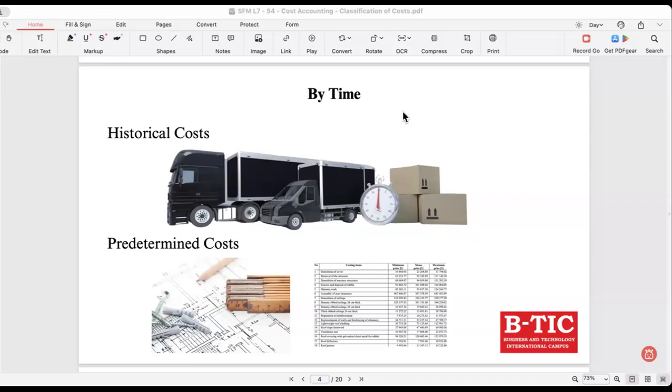You don't know how much it's going to cost, so you're estimating, you're making assumptions. Estimated costs are usually used for budgeting or forecasting in organizations. So under the category of time, costs are divided into 2 categories. Number 1, historical cost. Number 2, predetermined costs.